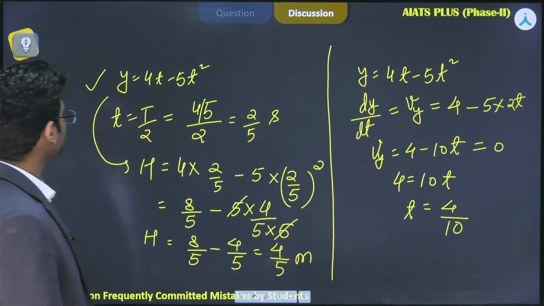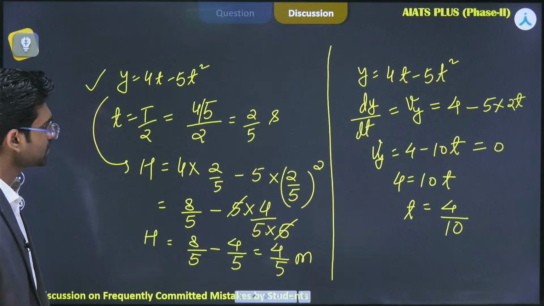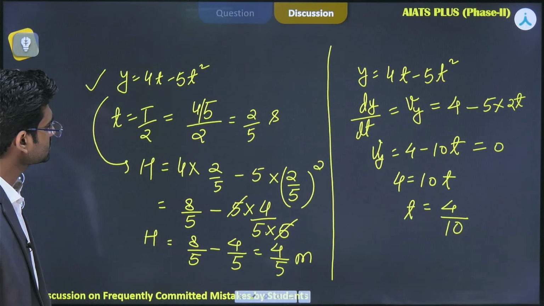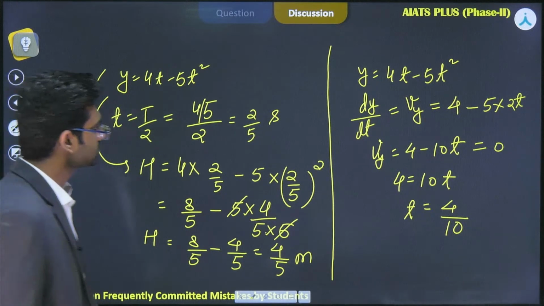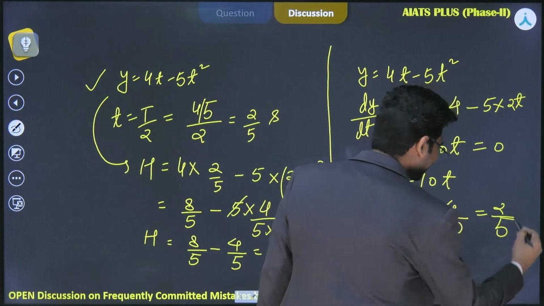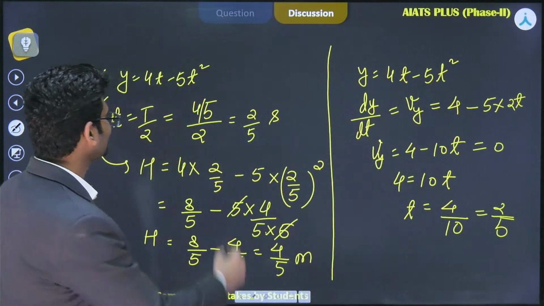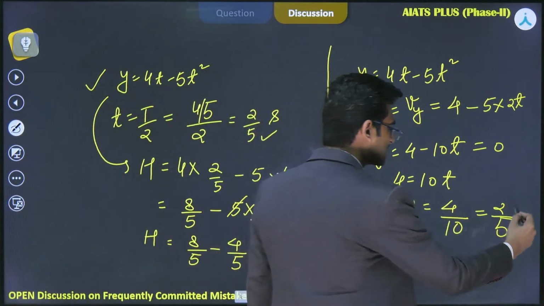So I think I have solved this incorrectly then. This was 4 by 5, right? Oh, okay. 4 by 10 can be written as 2 by 5. This is 2 by 5.